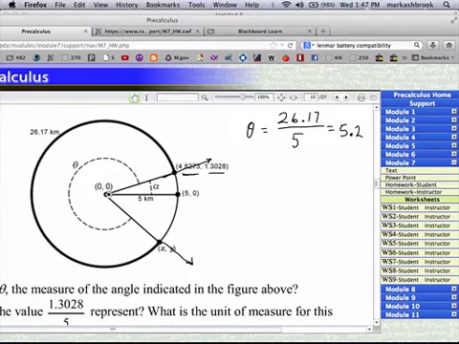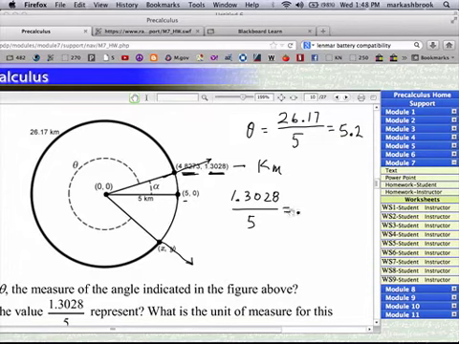So what's the maximum number of radius lengths we could be to the right? The maximum number of radius lengths we could be is 1. And this number, 4.8, is almost 5, so these must be kilometers, right? So this is then the number of kilometers above the horizontal diameter. So what would it mean to take 1.3028, which is how many kilometers we are above, and then divide by 5?